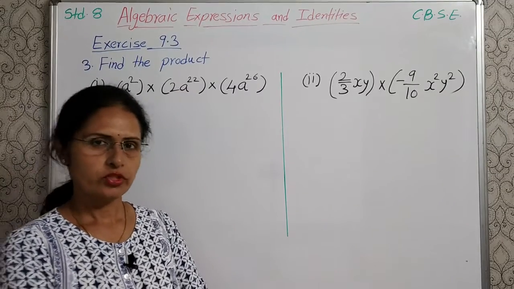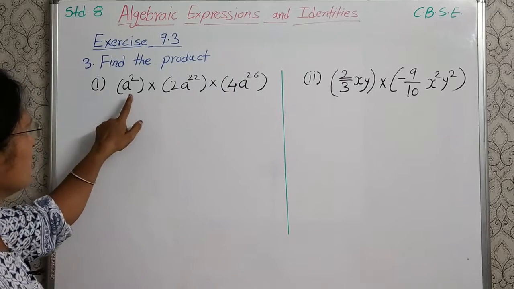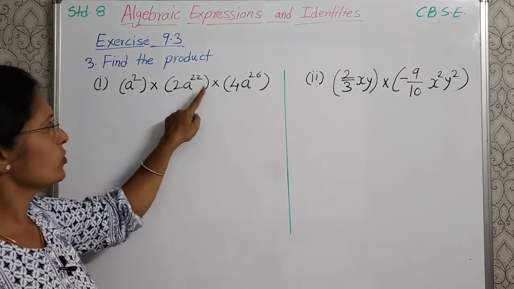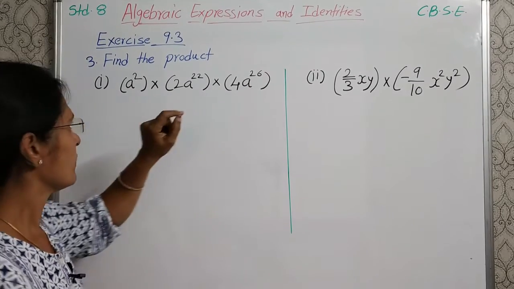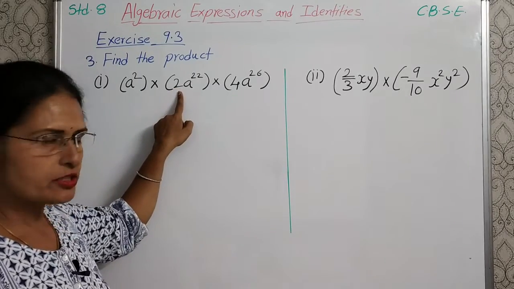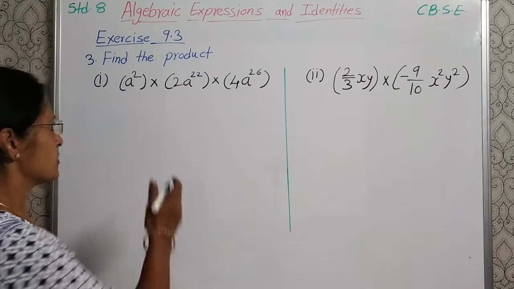Let us solve question number 3. Find the product. First, a square into 2a raised to 22 into 4a raised to 26. Now see here, first multiply the coefficients and then multiply the variables.